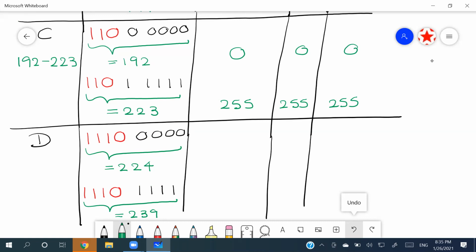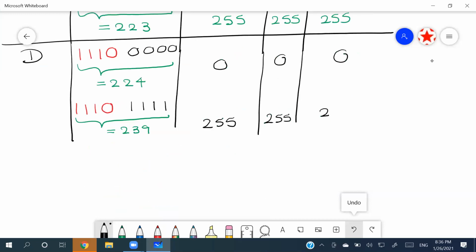So here it is the same, 0 to 255, 0 to 255, and 0 to 255. So that gives you the range for class D from 224 to 239.